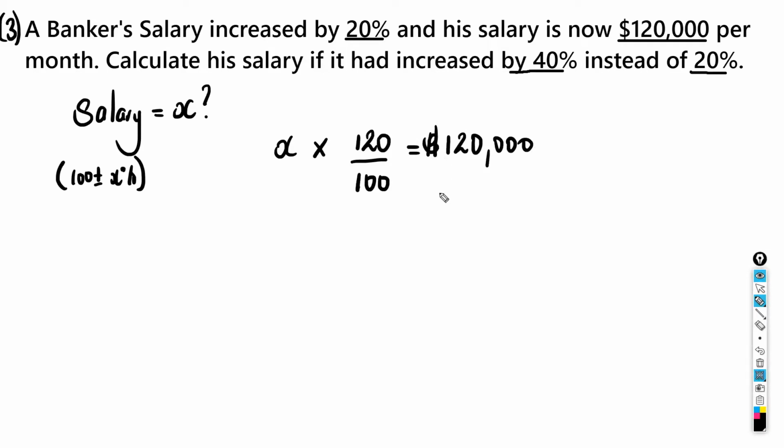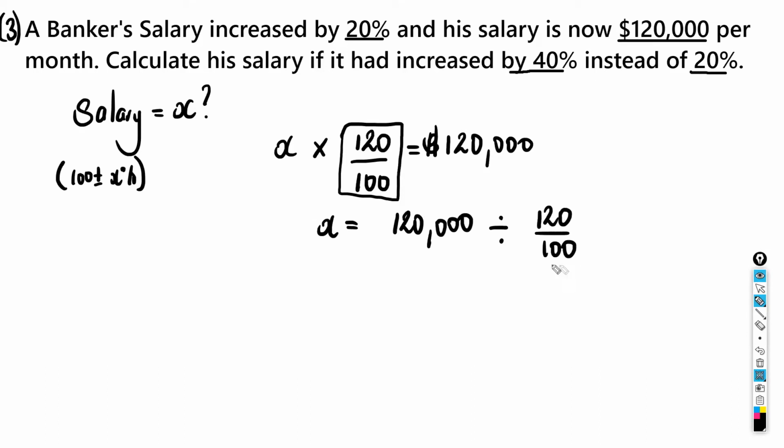All right, guys. So they said calculate his salary if it had increased by 40% instead of 20. So let's find X. I think the best thing to do is just find the original salary first, right? So X is equal to, we're going to divide the right side by this here. Cool. And we're going to end up with 120,000 divided by 120 over 100, right?